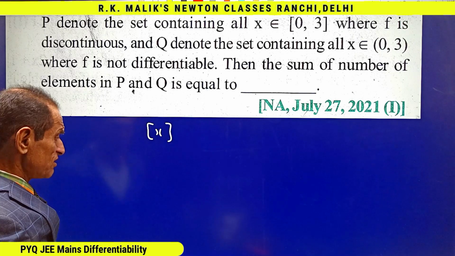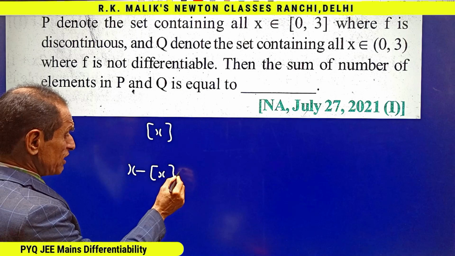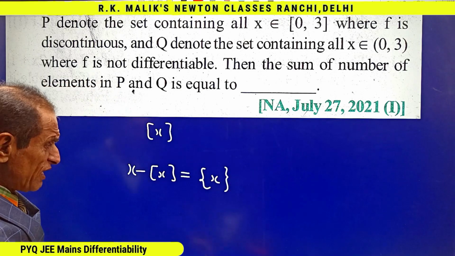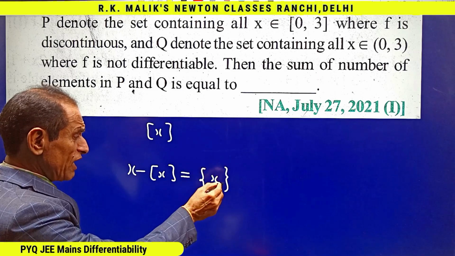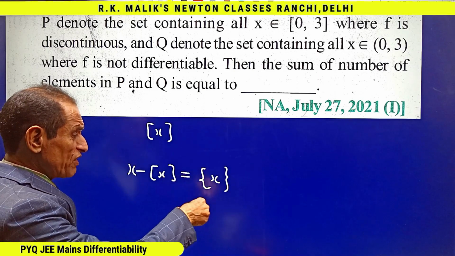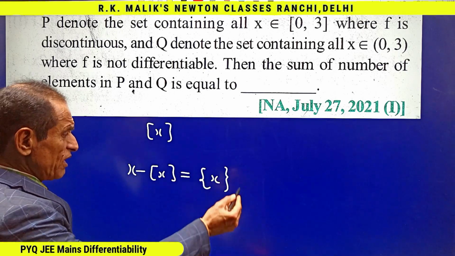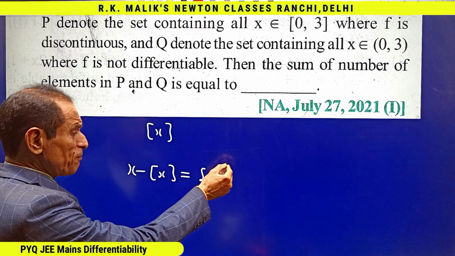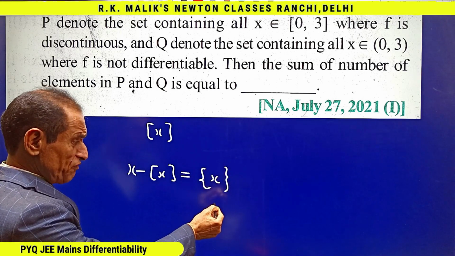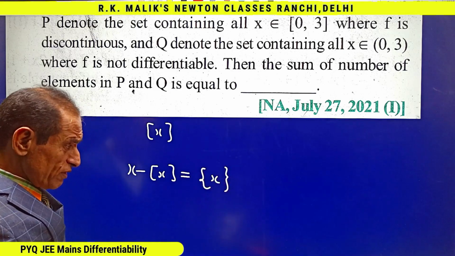Keeping this result in mind, x minus [x], which can also be written as the fractional part of x, is again discontinuous at every integral point, hence non-differentiable at every integral point. At every integral point its left hand derivative is minus infinity and its right hand derivative is 1.